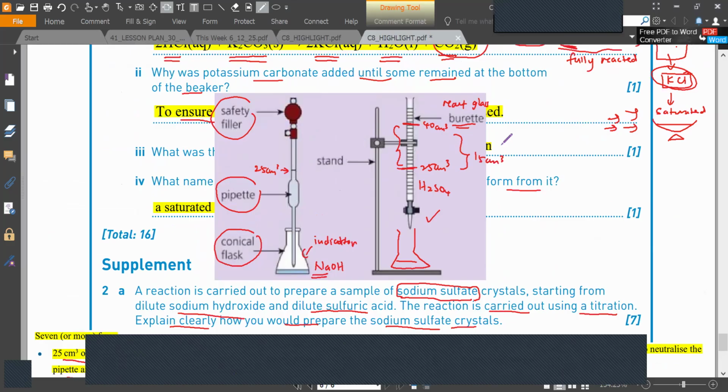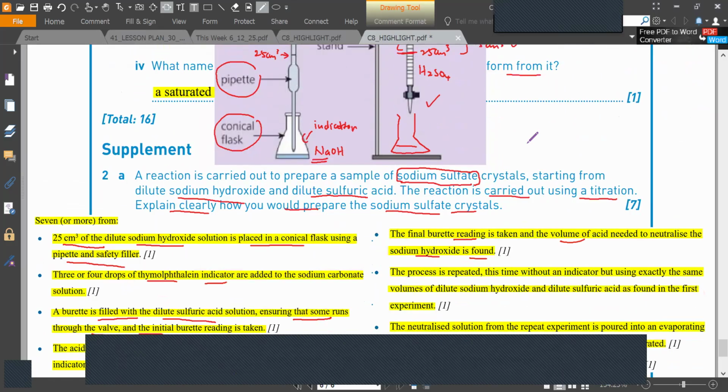Then we need to repeat the process to make sure our results are consistent.